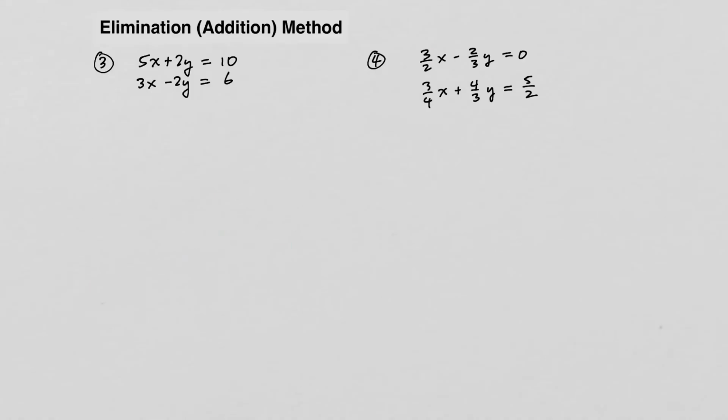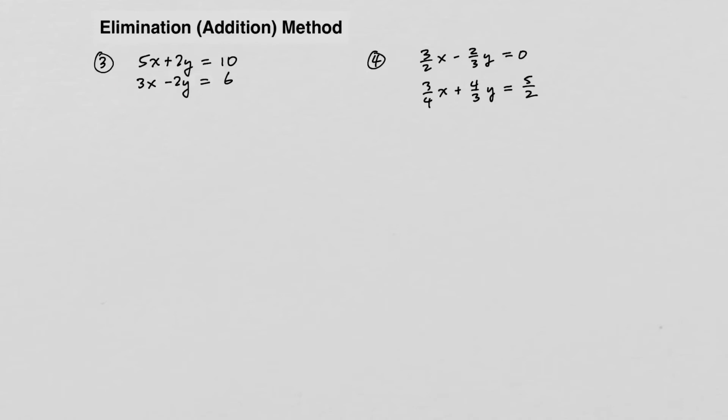The next method is called the elimination method, and it is also sometimes called the addition method. And the reason it's called elimination is because we are looking to eliminate one of the two variables. And so our first example here, in example number 3, we have two equations of lines.